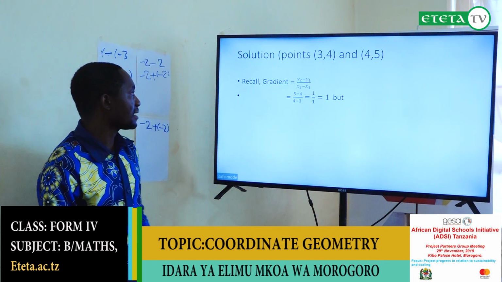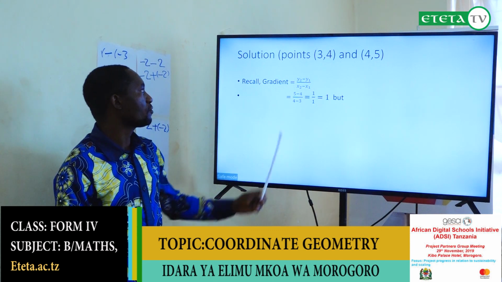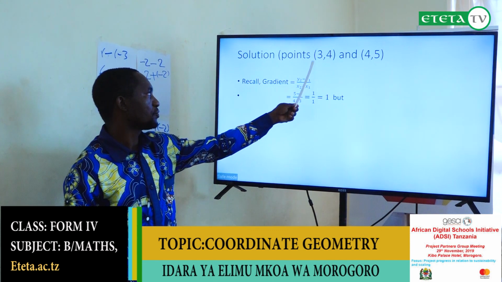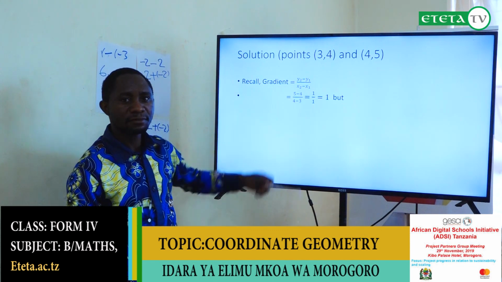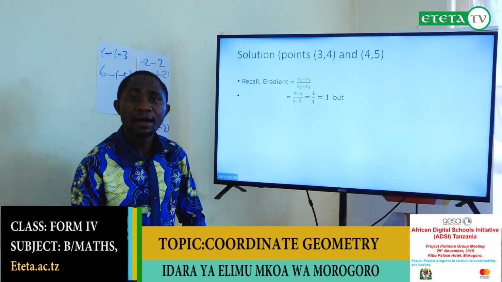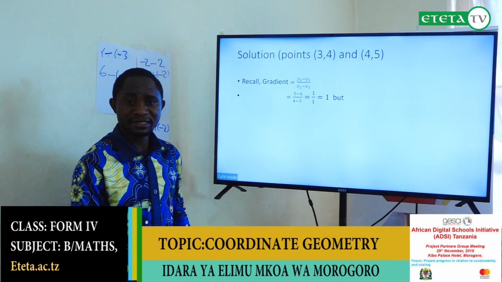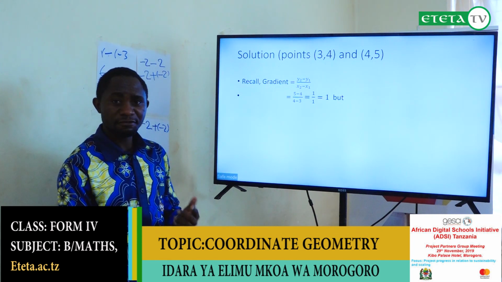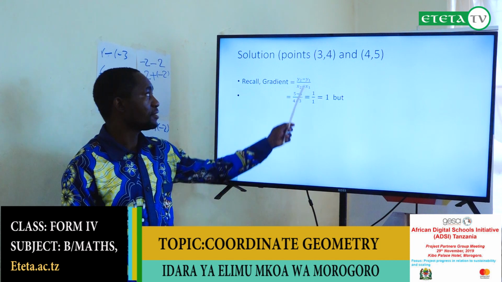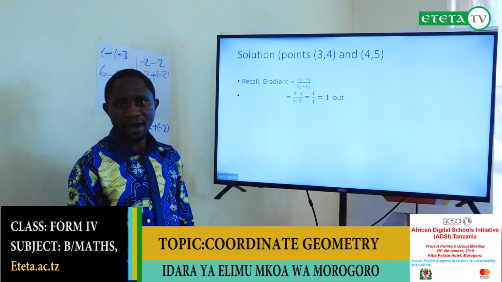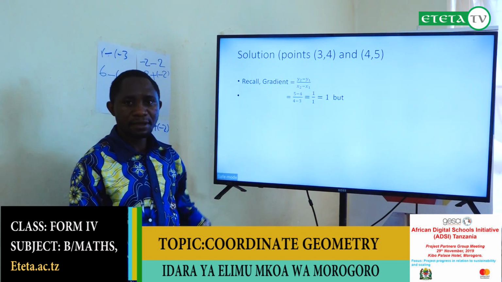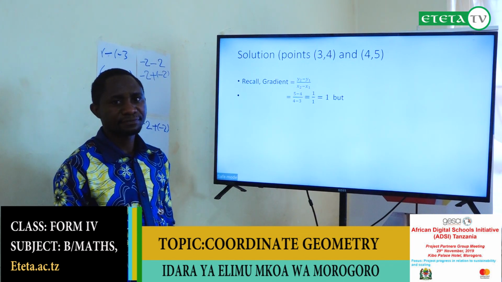But let us choose one of the 2 points. Let us choose 3, 4 as our reference point to find the equation of the straight line. Now, this 3 will be x1 and the 4 will be y1.